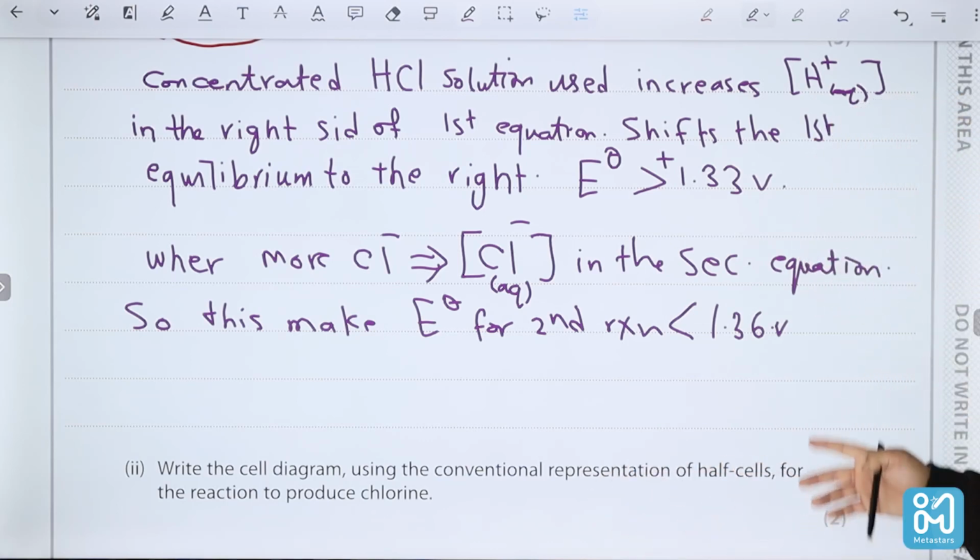So, since the first one is greater than 1.33 and the second is lower than 1.36, the difference will be more.